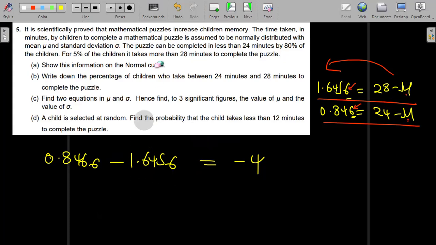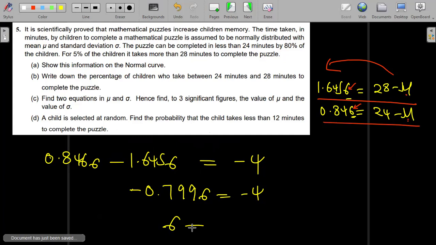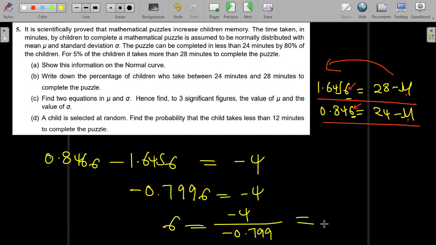I'm getting minus 0.799 sigma is equal to minus 4. So sigma is equal to minus 4 over minus 0.799.